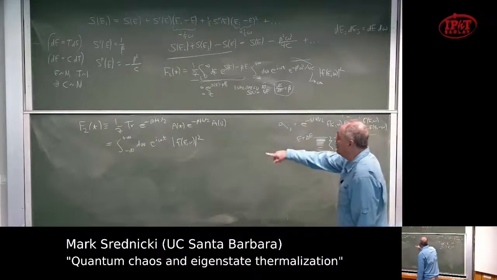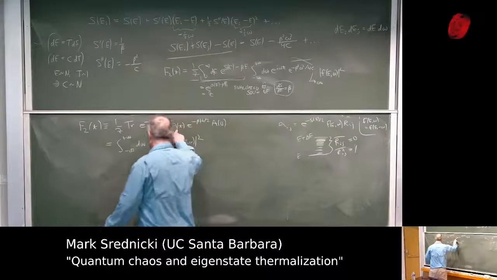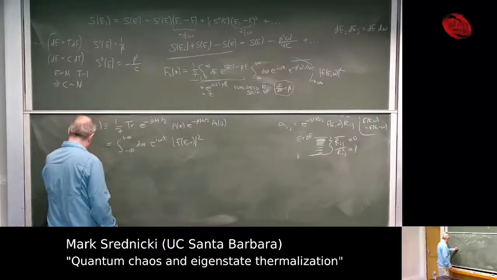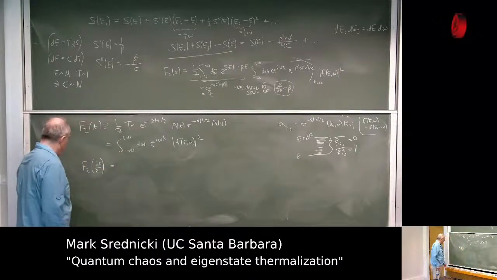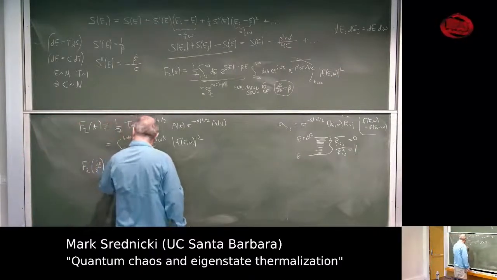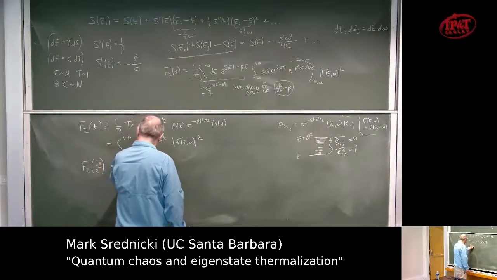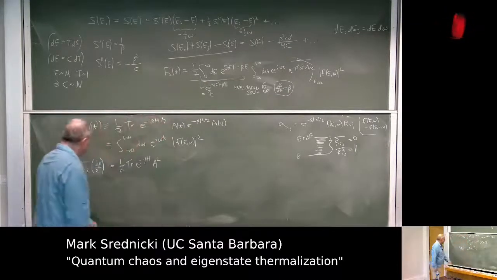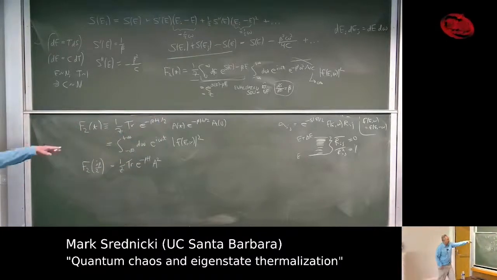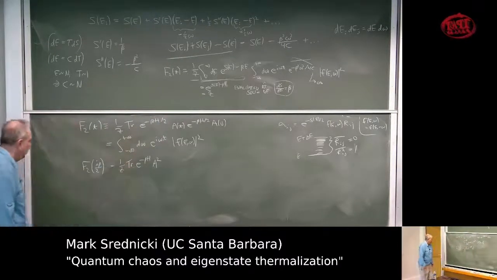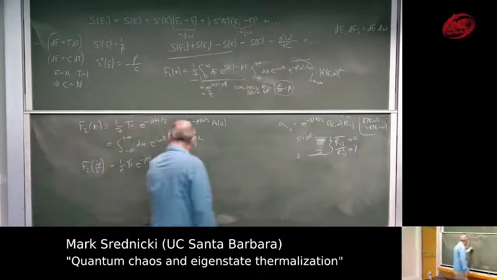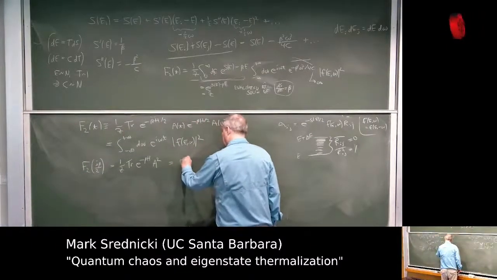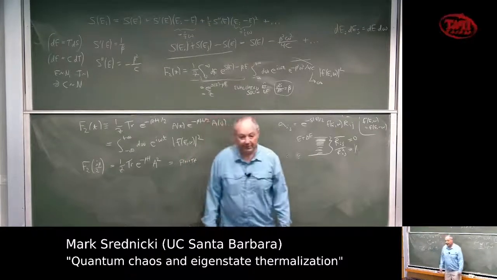If you remember what A of t is, the claim is that if you set the time argument to i beta over 2, that will just move around and split up e to the minus beta h over 2 and give you just the thermal expectation value of A squared, which for a nice observable, we assume is a finite thing.